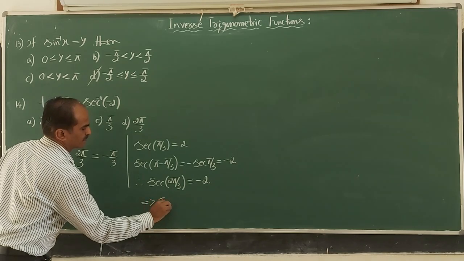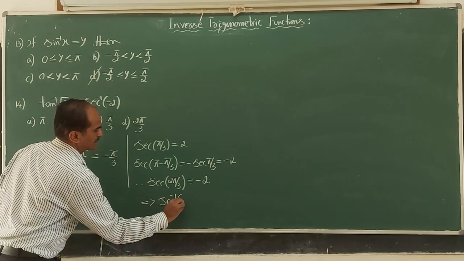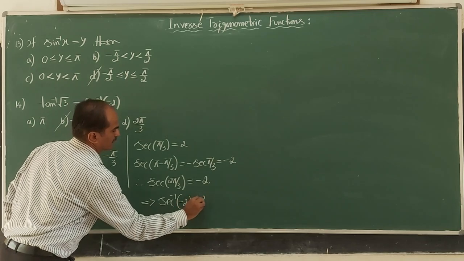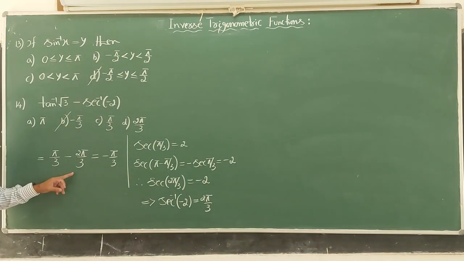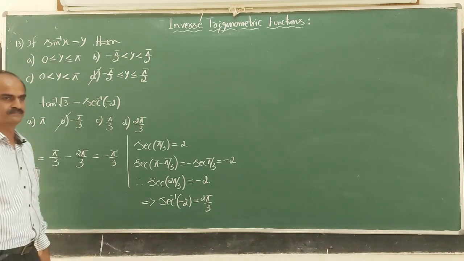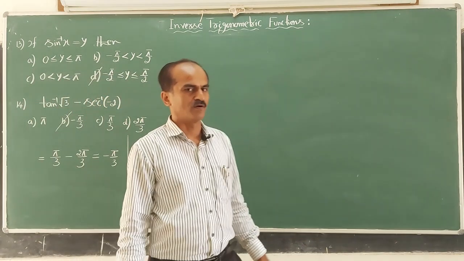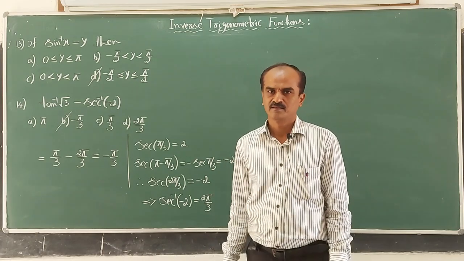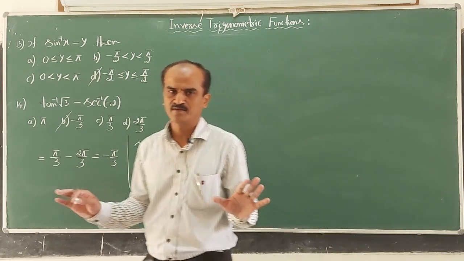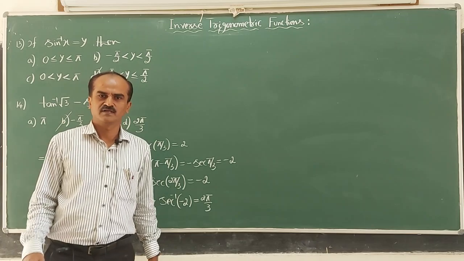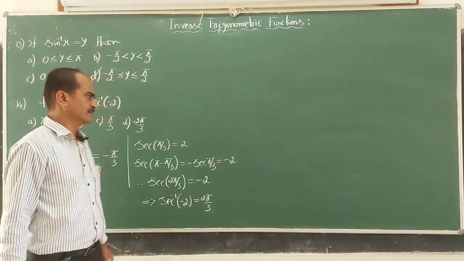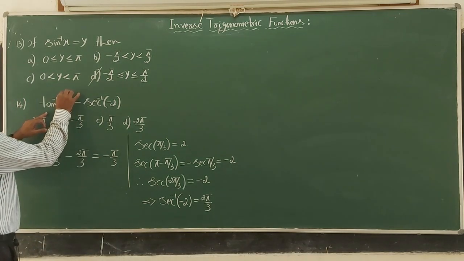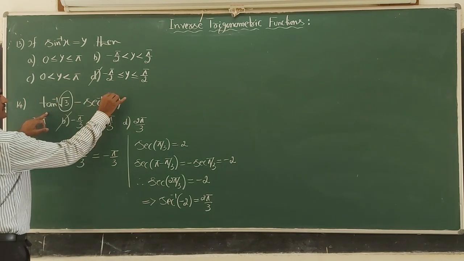It implies secant inverse of minus 2 is 2 pi by 3. That is why that 2 pi by 3 is written. Even you need not write all these steps. This is found to be a very simple question, and we can say that with weak alternatives. Let us see why it is a weak alternative. You look at the values of x.